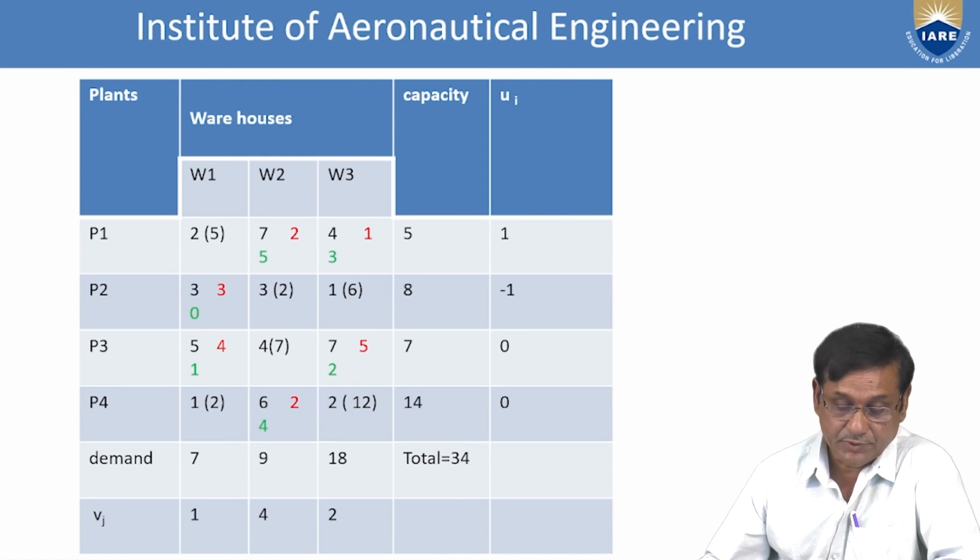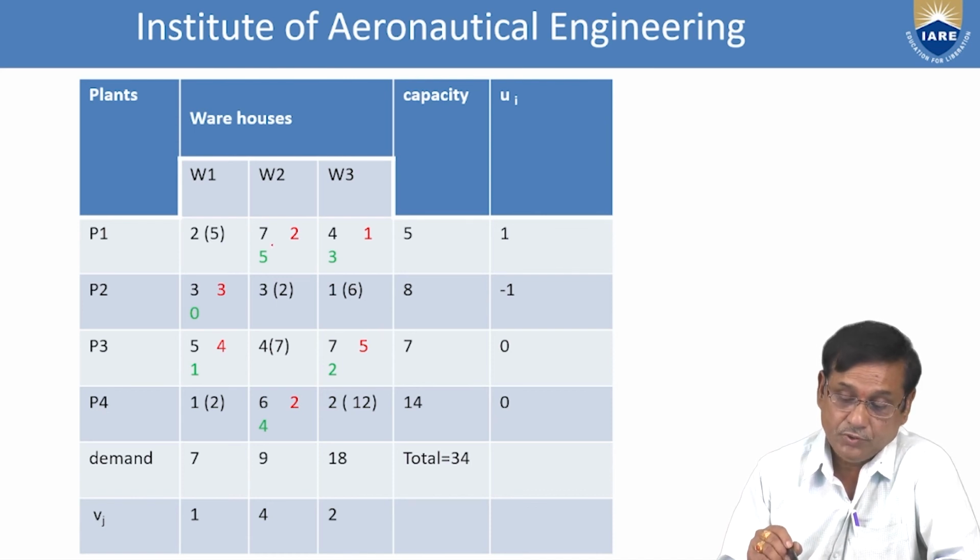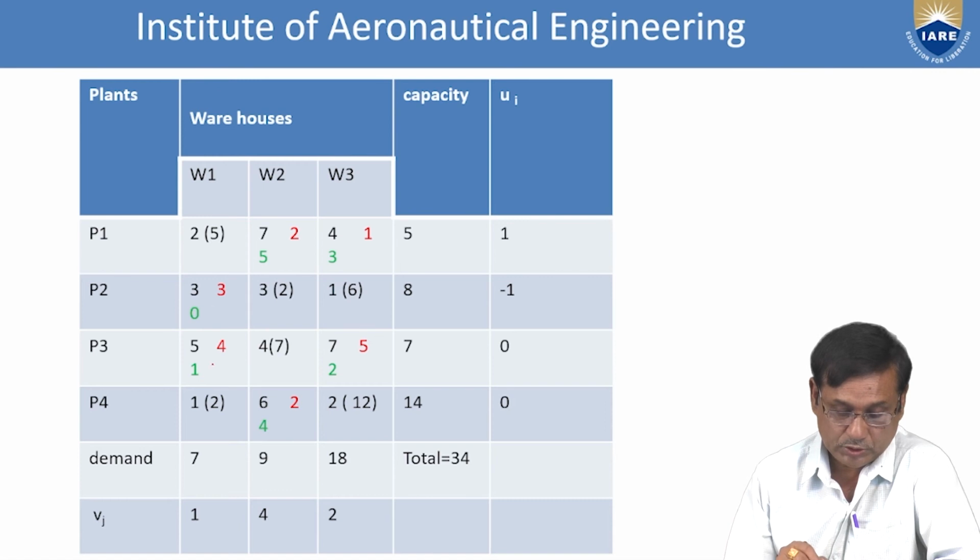After transferring the units, again we have to find out Ui and Vj values, and then Ui plus Vj values. So here the Ui plus Vj values are 5, 3, 0, 1, 2, 4.